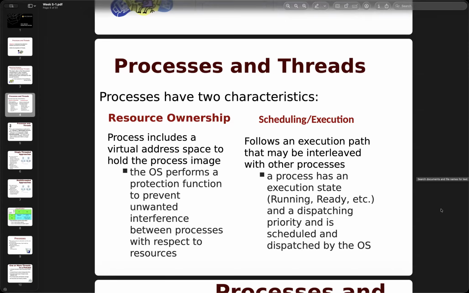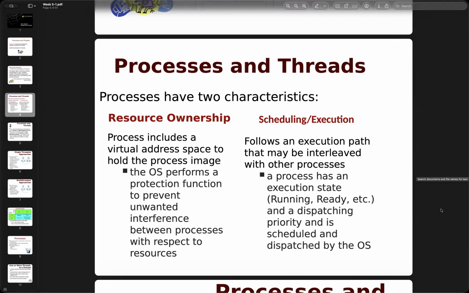Another one we cover in detail is scheduling and execution. A process follows an execution path, which may be interleaved with other processes. A process has execution states. If we remember, we have five states, starting from new, ready, running, and so on, and also dispatching.